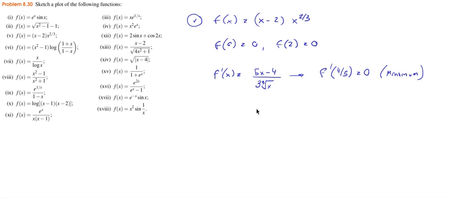So let's see some plots. We have 0 here, a 0 here, and a minimum between these two. If you go from this to this and there's only a minimum, it stands to reason that the minimum has to be negative. And it does, because x to the 2/3 is positive, and with x minus 2, this is negative. So this is something like that.